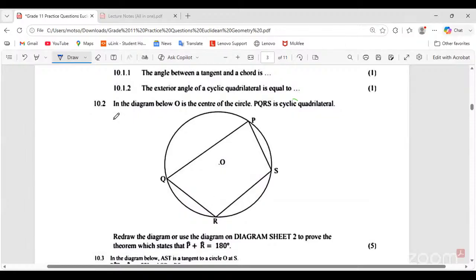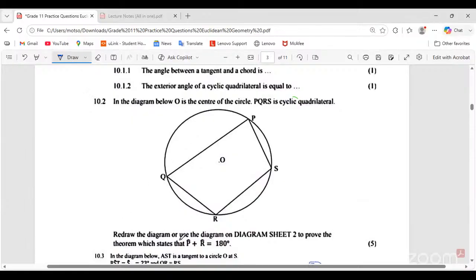They are saying to us, in the diagram below, O is the center of this circle. PQRS is a cyclic quad. We can see that the vertices of this quadrilateral are on the circumference of this circle. So yes, indeed, PQRS is a cyclic quad.